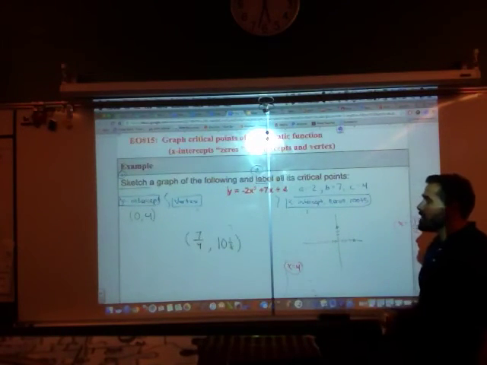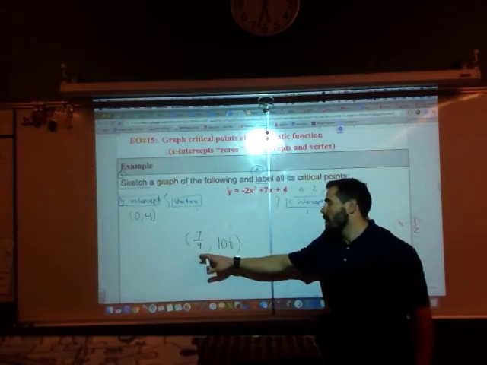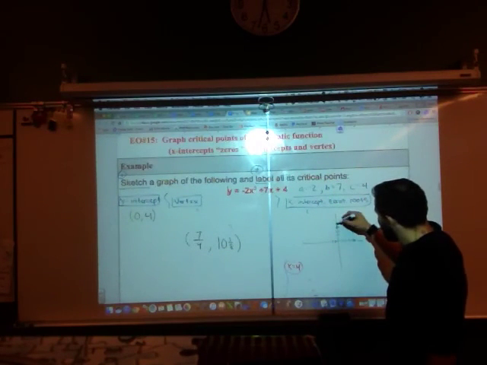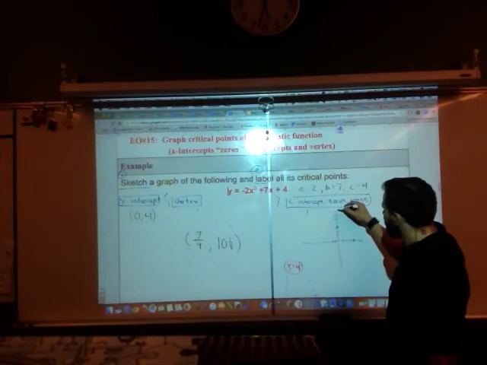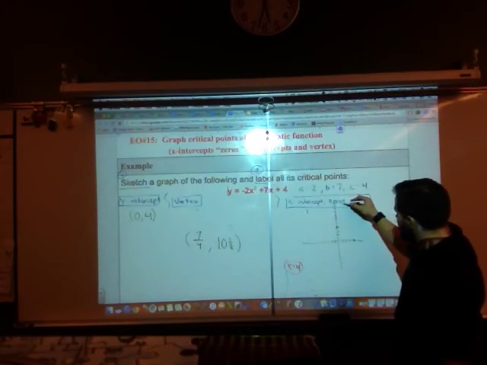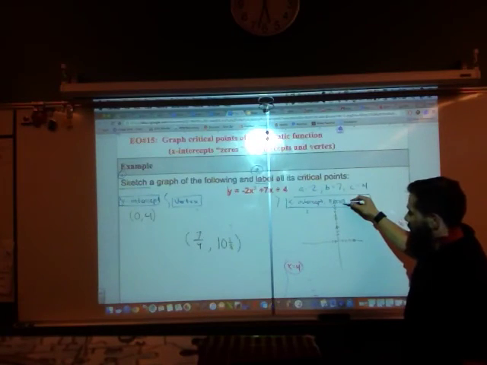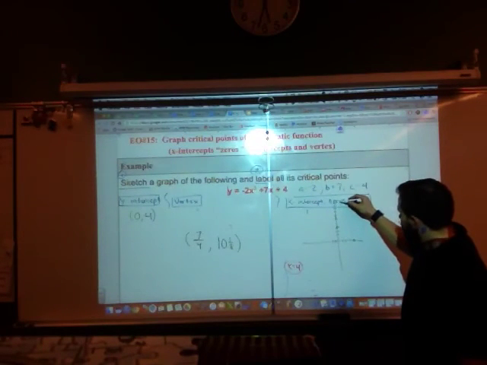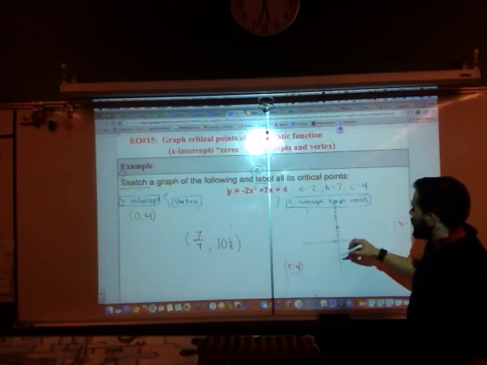I have to make sure that this thing has a vertex at 7/4, 10 1/8. So 4, 5, 6, 7, 8, 9, 10. And it's basically 7/4, so it's almost 2. So I basically got a vertex about right there.